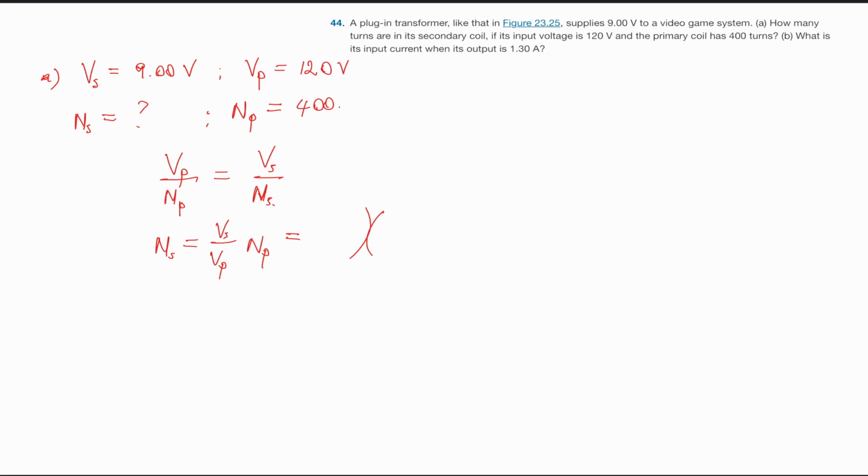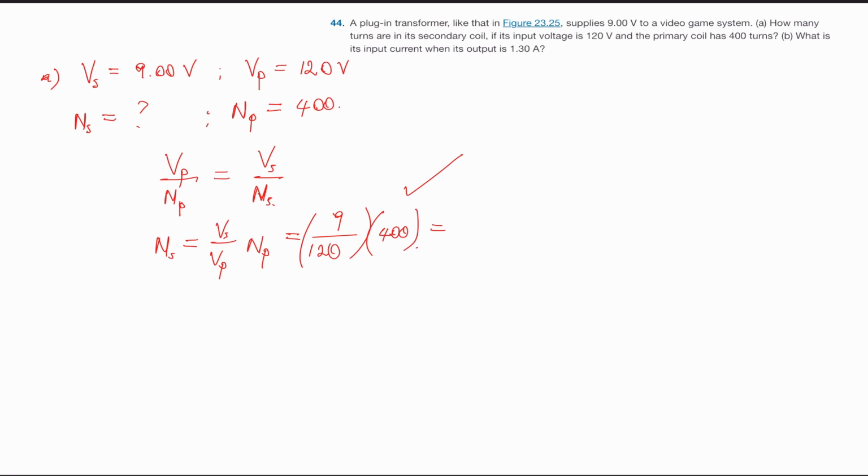That should be, the secondary side is 9 volts, and then the primary side is 120 volts. I'm sorry about that. And then the number of turns on the primary side is 400. Then we're going to get some value here, which I will not compute numerically. You're welcome to punch in the numbers and post them in a comment section, just to check if we're getting the same answers.